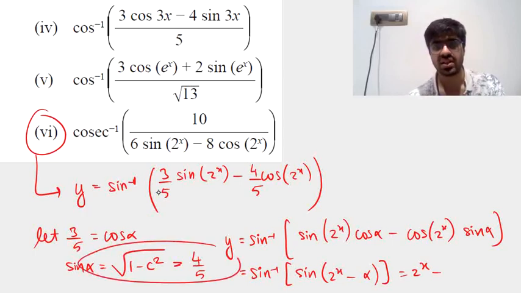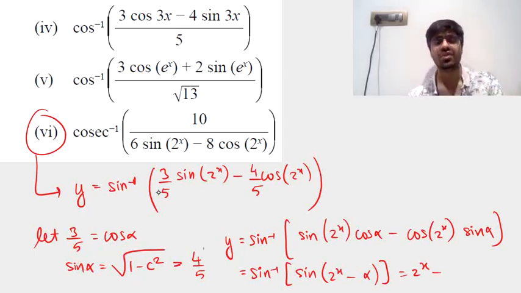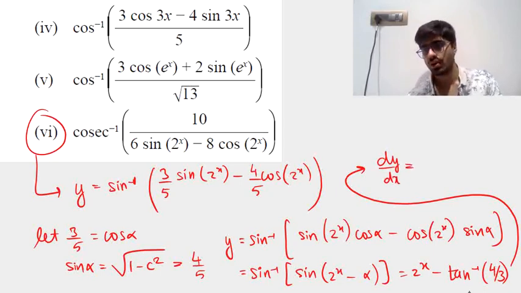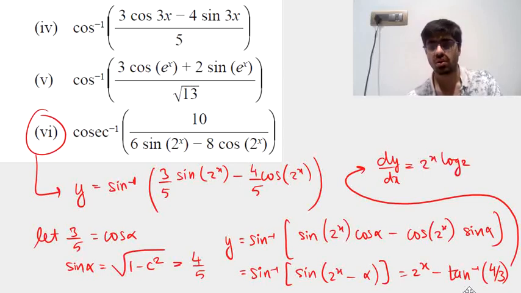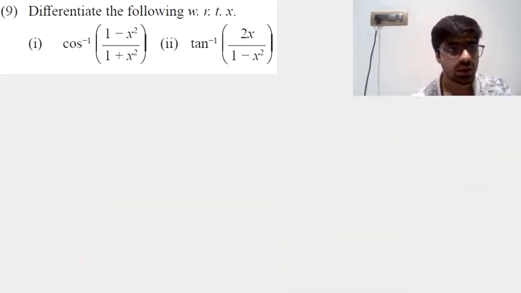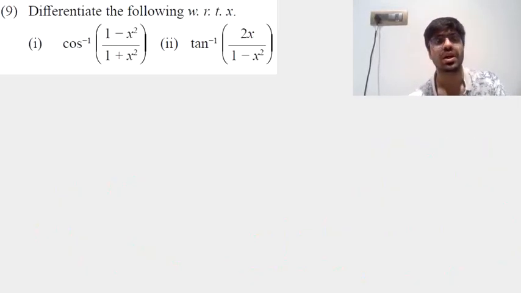Cos alpha is 3 by 5, sine alpha is 4 by 5. Tan alpha will be this divided by this, that is tan inverse 4 by 3. So alpha is tan inverse of 4 by 3. That is only and only the expression for y. So dy by dx will be the derivative of this, which is 2 power x log 2 minus 0. So with that we are completing the sixth main question. Sorry, the sixth one or the eighth one. I'm sorry, the eighth main question, and we go ahead with the ninth main question.